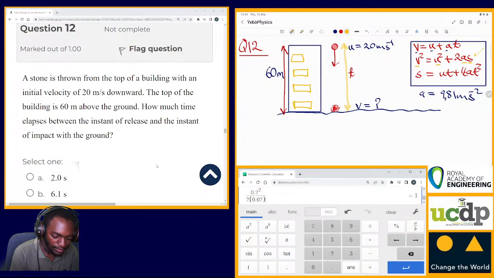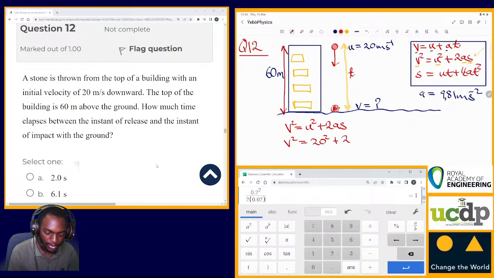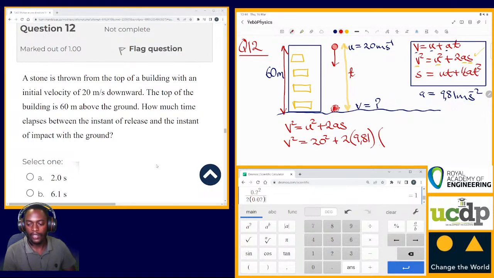So let's go: V squared is equal to U squared plus 2AS. Our final velocity V squared is equal to our U, that's 20 squared, plus 2 times our A, 9.81, acceleration due to gravity, and our S is 60 meters.